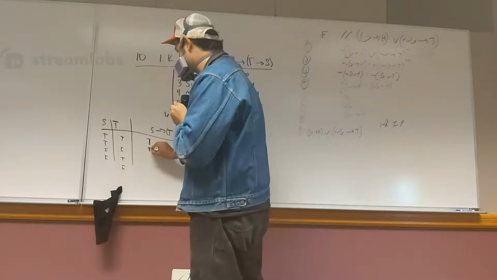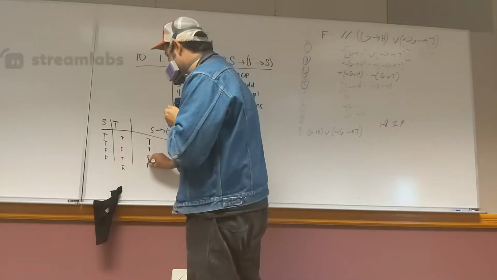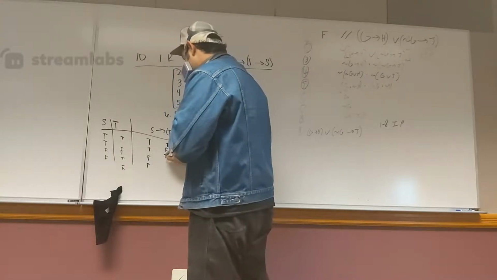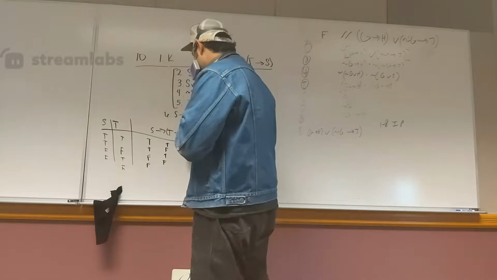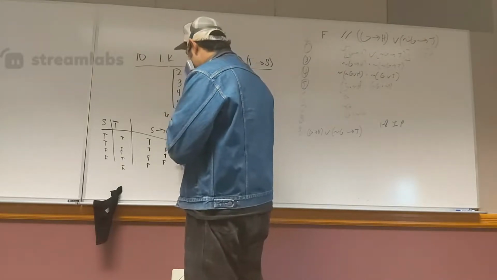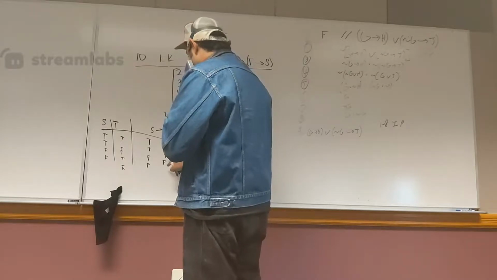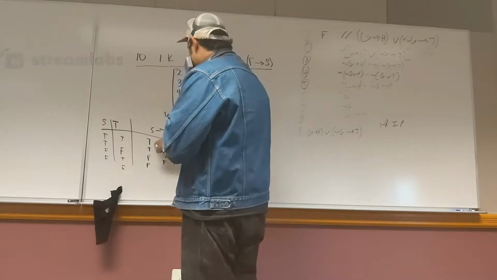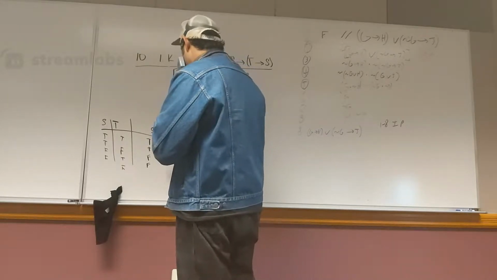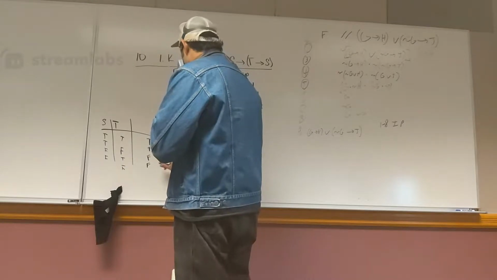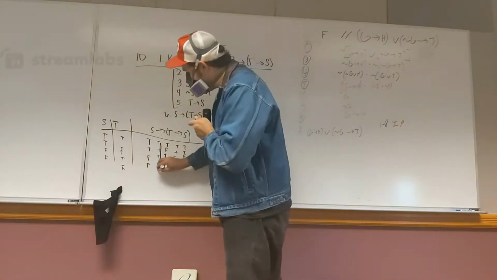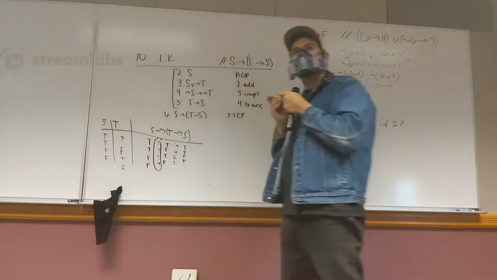I'll just copy everything down so we can see it. True and true is true, false and true is true, true and false is false, false and false is true. True then true, true; true then true, true; false then false, true; false then true, true. So what's that make this statement?